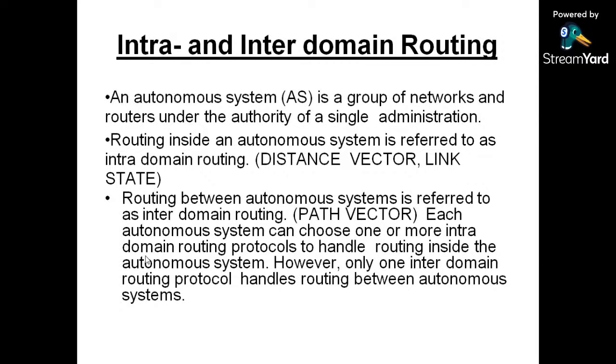Path vector routing is used between autonomous systems. Each autonomous system can choose one or more intra-domain routing protocols to handle routing inside the autonomous system. However, only one inter-domain routing protocol handles routing between autonomous systems.